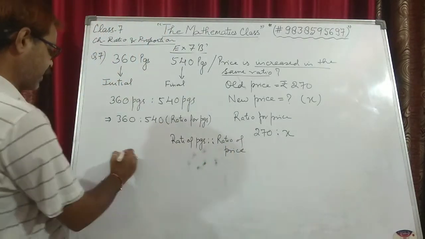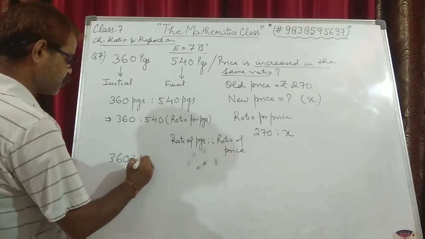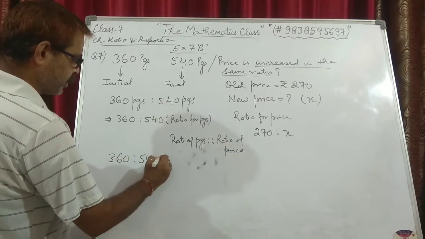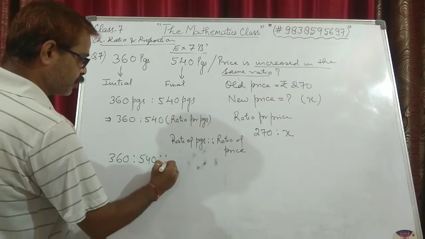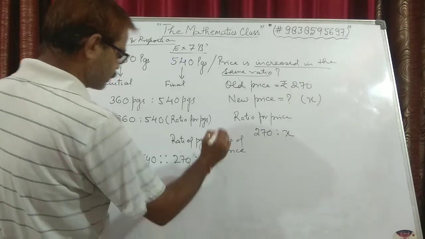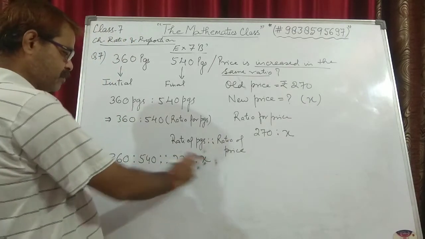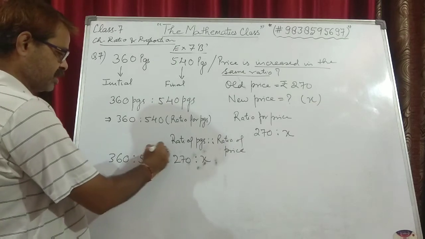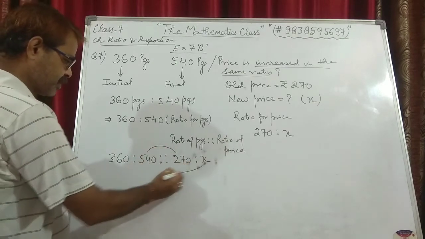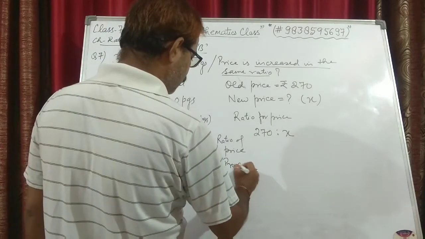So what can we write? We can write it as 360 is to 540 proportional to 270 is to X. Now we know how to solve this. Product of extremes is equal to product of means. These are means and these are extremes.